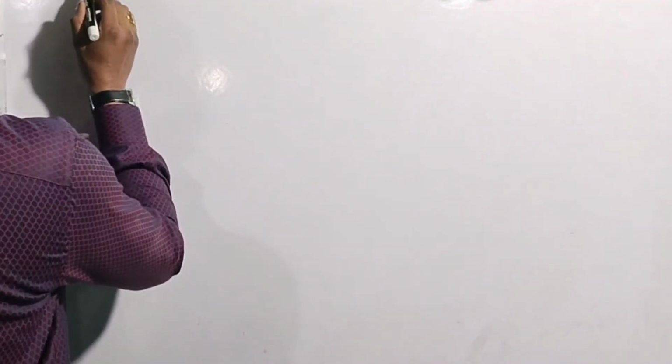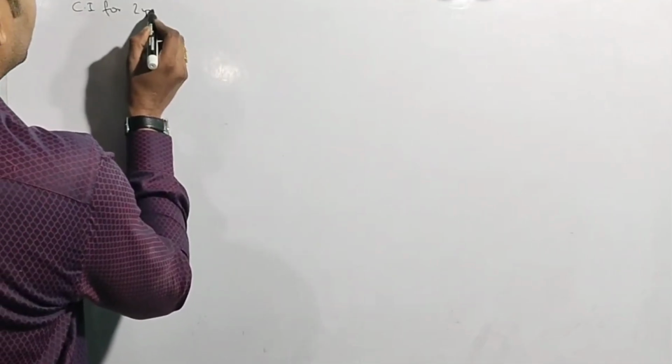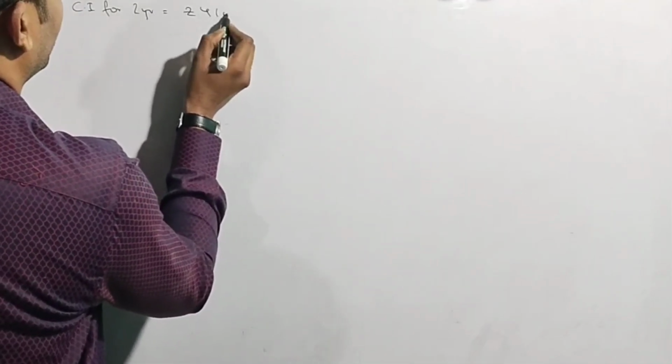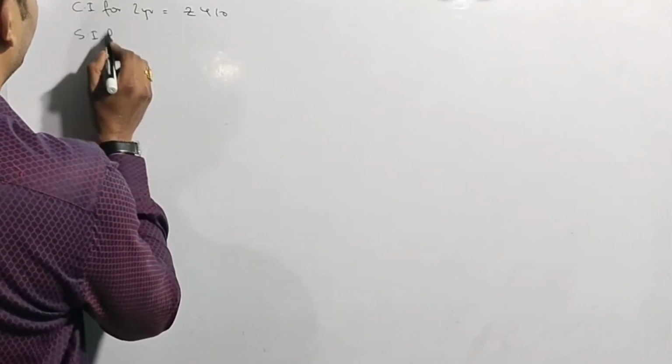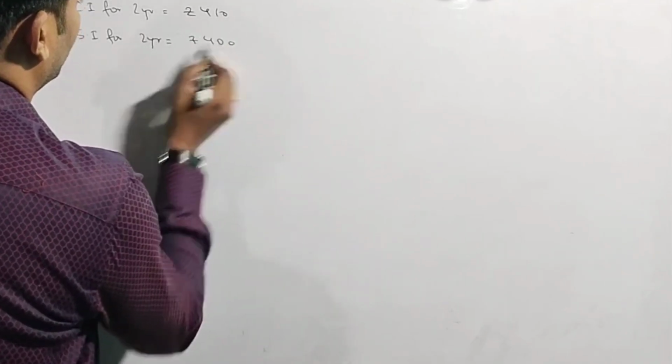Okay, let's do the sum. What they have given you: compound interest for 2 years is 410, and simple interest for 2 years is 400.